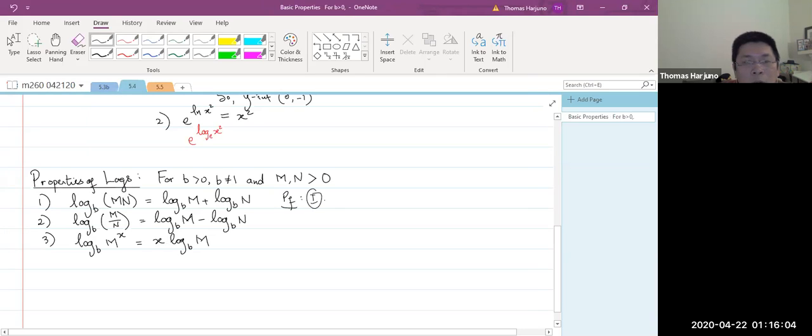Proof for number 1: log base b of mn equals log base b of m plus log base b of n.